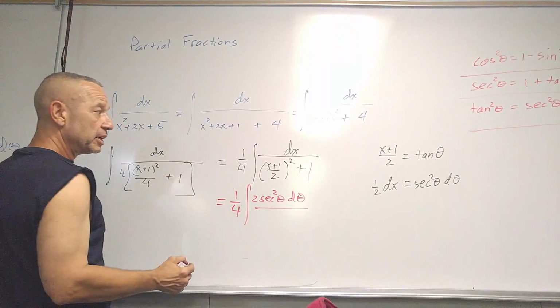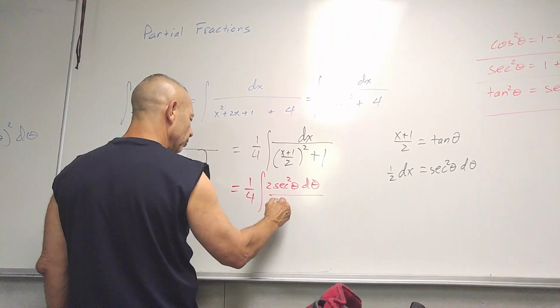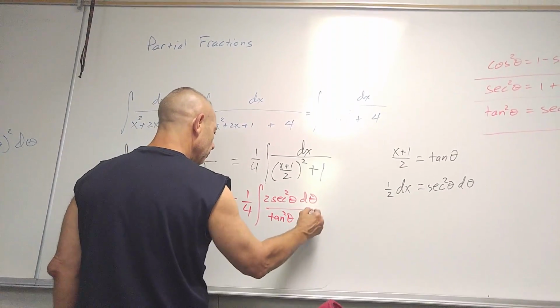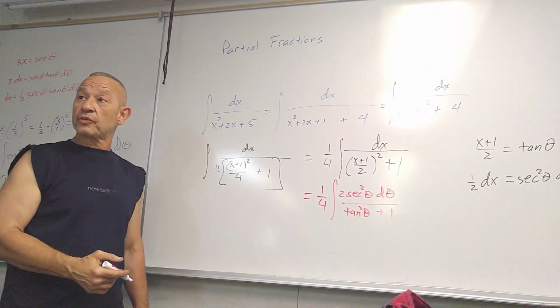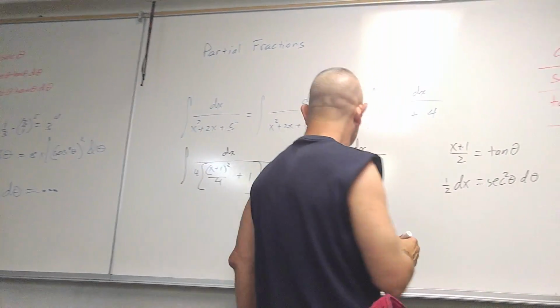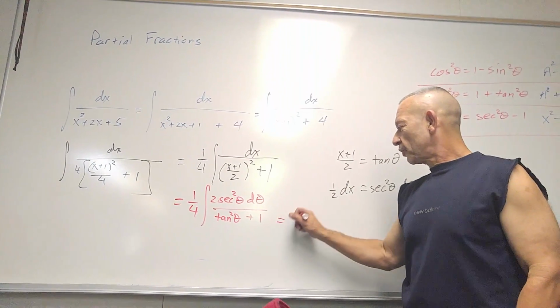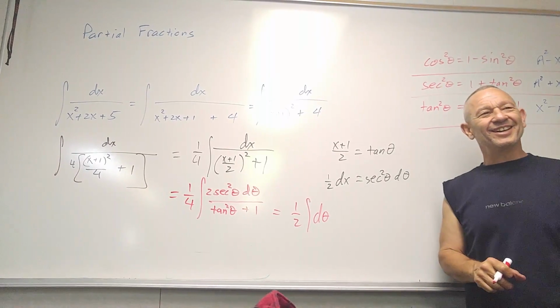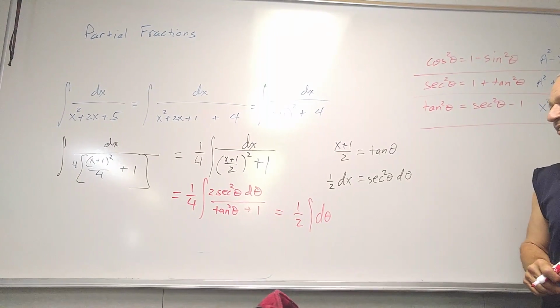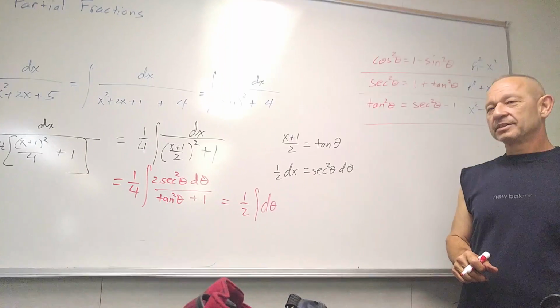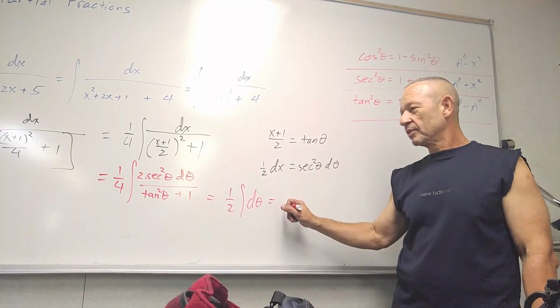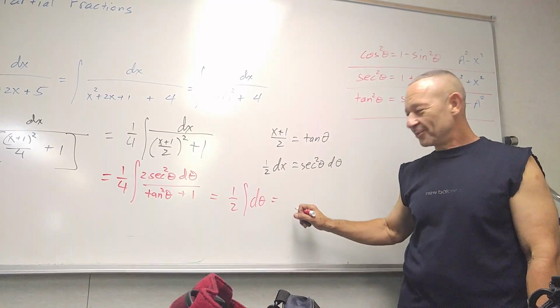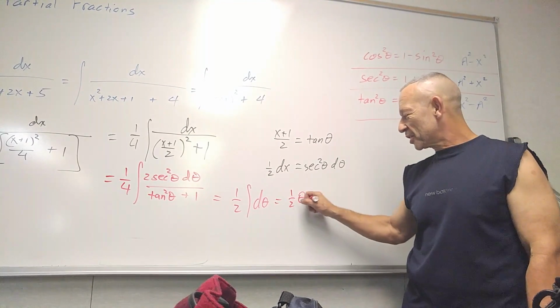The denominator is tan squared theta plus 1, which is secant squared. So this is 1/2 the integral of d theta. Oh, that came out nice, didn't it? Everybody with me on that? Which is 1/2 theta plus an arbitrary constant.